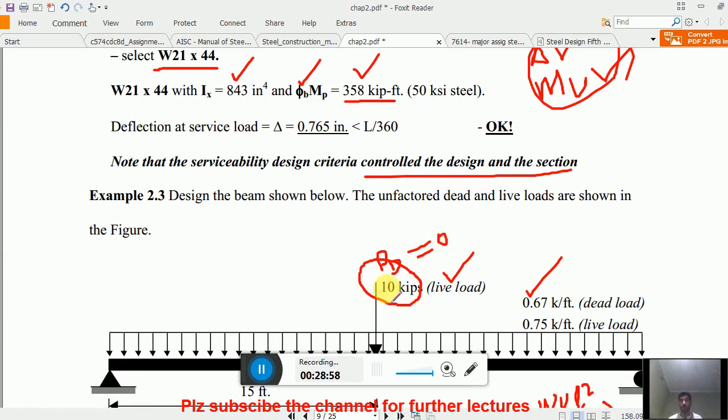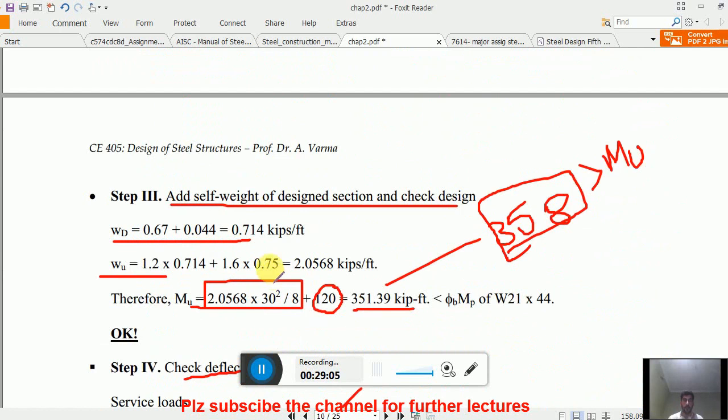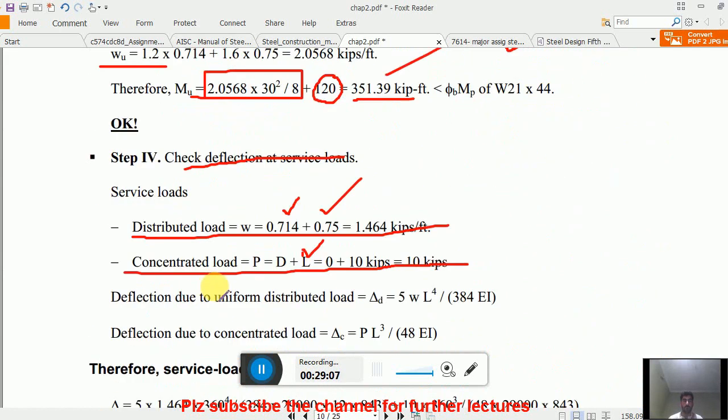But this is PL. Clear? So you must clear these points. Dead plus live. So dead is 0, PD is 0, but PL is 10. So that's why we have 10 kept.